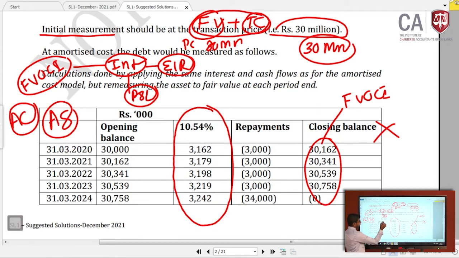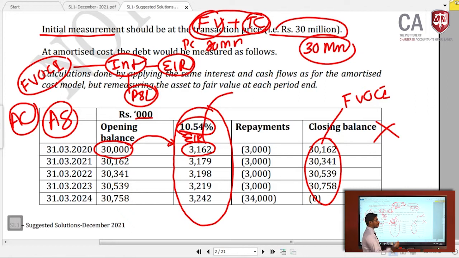So here all are in thousands. Opening balance 30 million, or let's say 30,000, into the 10.54% EIR. Don't take the nominal interest rate or the coupon rate, take the EIR. That gives 3,162, which should be recognized to P&L. What is the double entry?